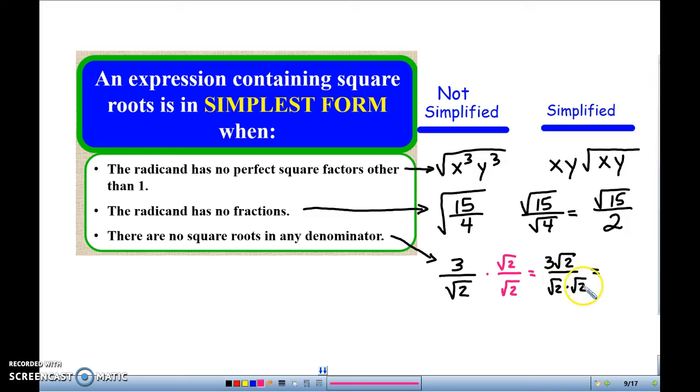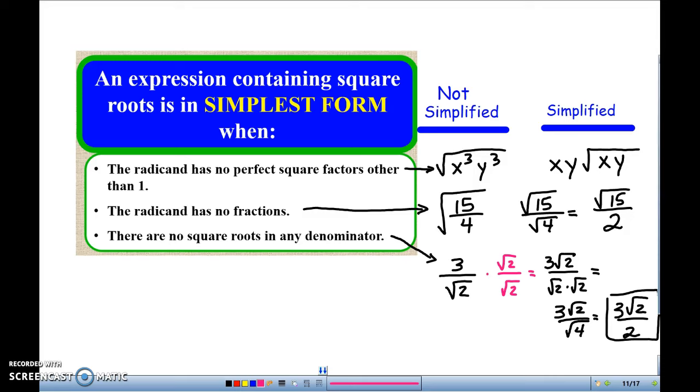I'm going to put these back together, the square root of 2 times the square root of 2, using the multiplication property of radicals. And now the square root of 4 is 2. I no longer have a square root in the denominator. I am simplified. There is no perfect square factor under the radical sign, and there's no fraction under the radical sign, so I'm simplified.